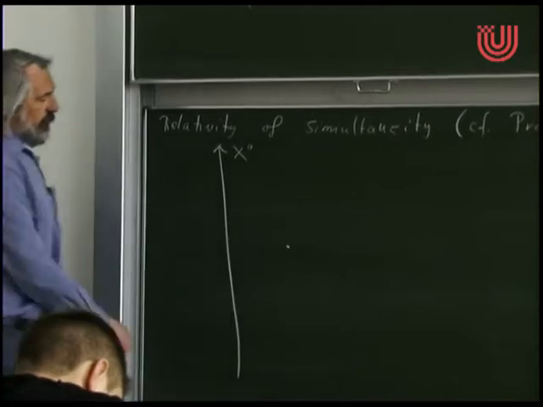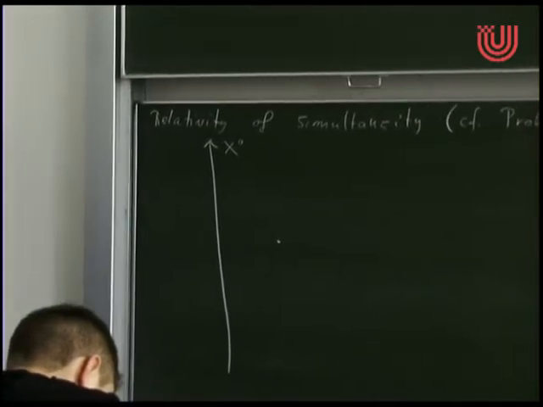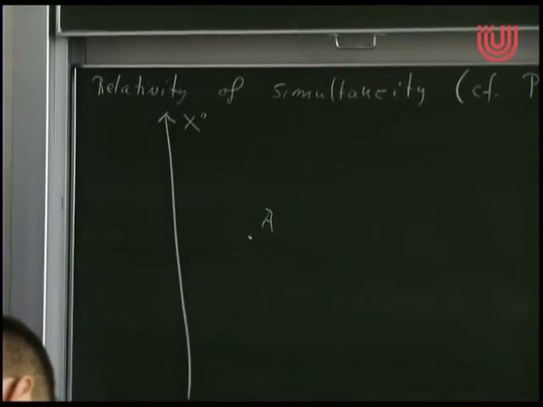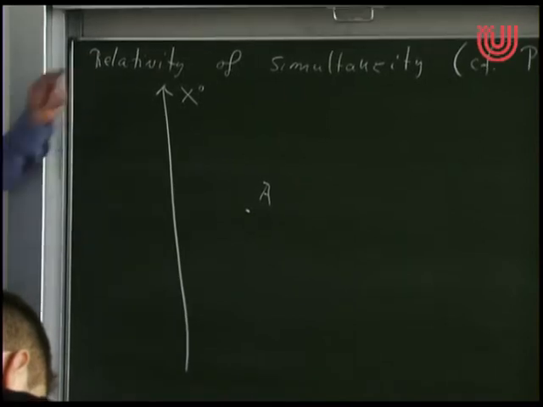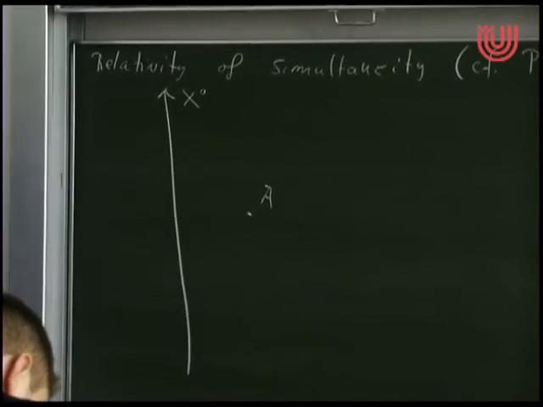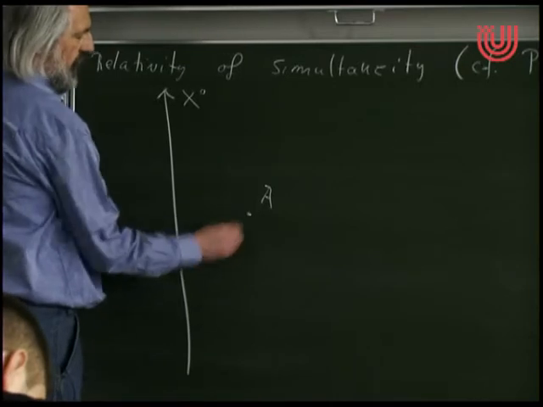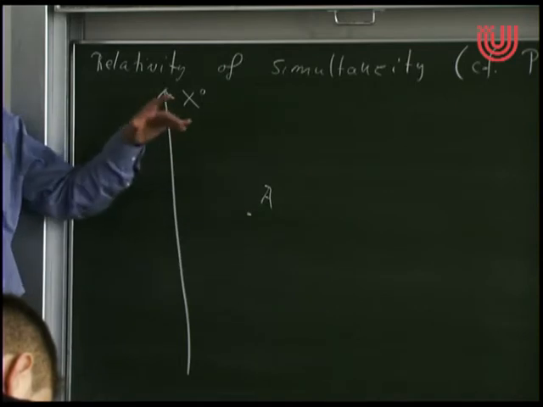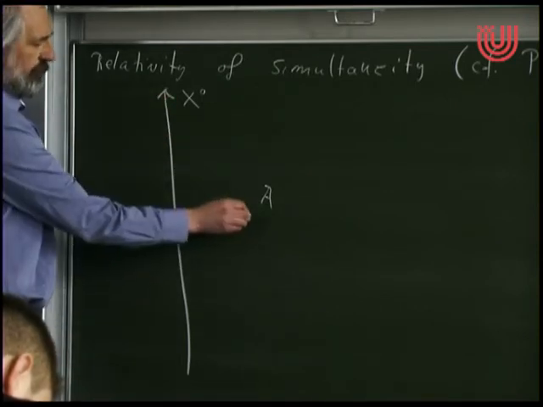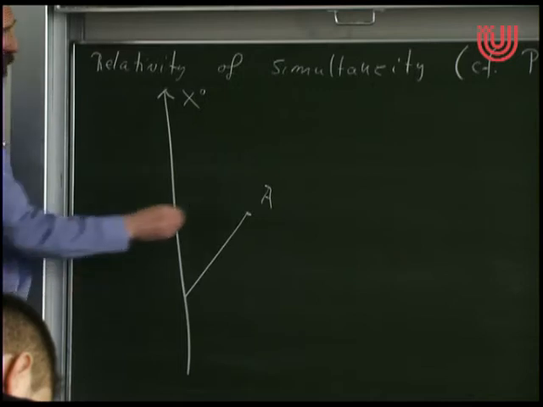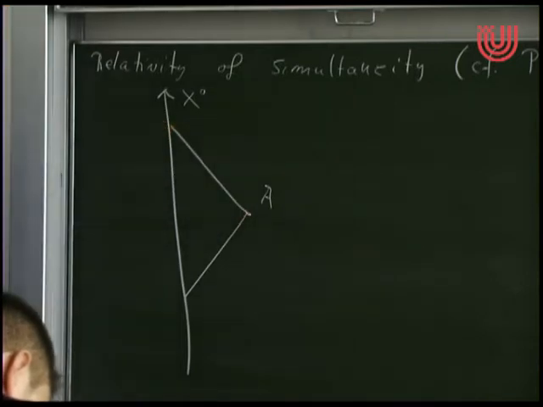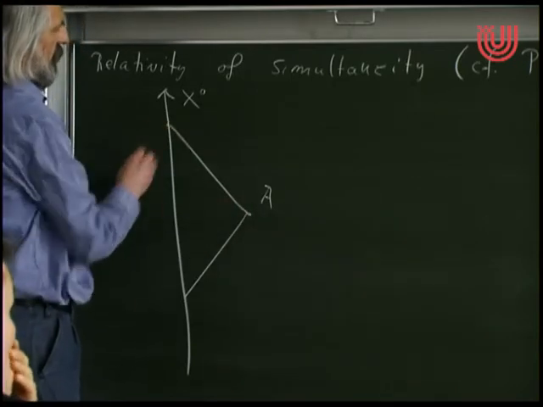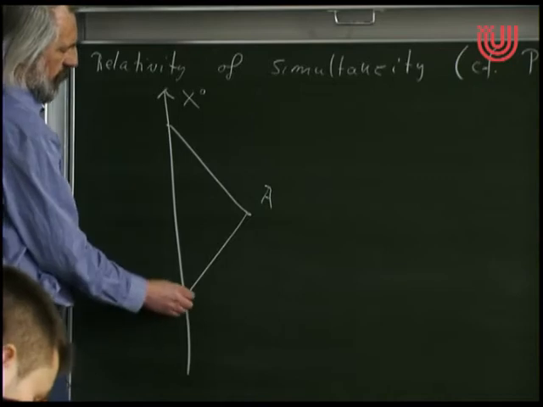We want to say what we mean by the statement that this event, let's call it A, is simultaneous with a certain event on this world line, with respect to this world line. And this was done in the following way. We considered the light rays which pass through the event A, the light cone. And geometrically it's fairly obvious. If I consider the whole light cone of this event A, then I see there's one intersection to the future of A with this world line and one to the past.